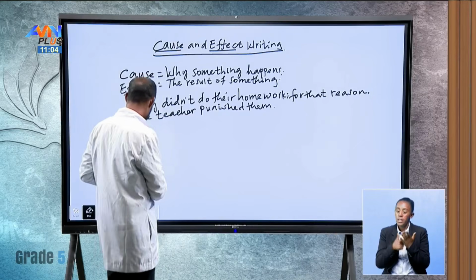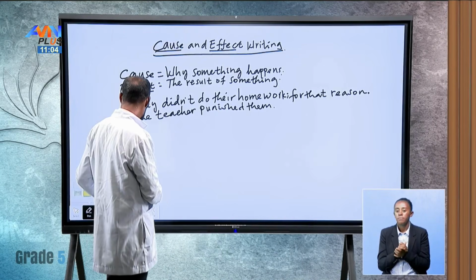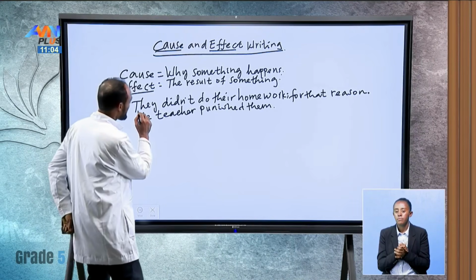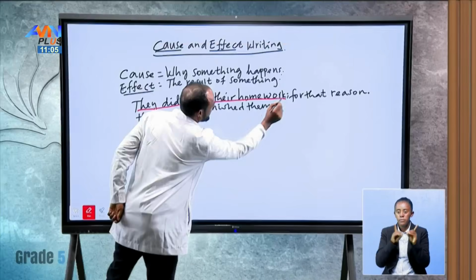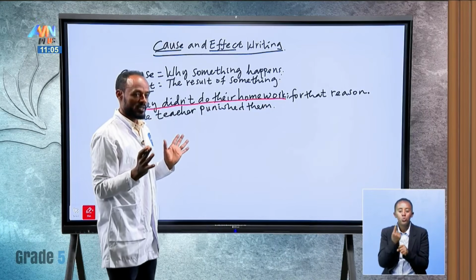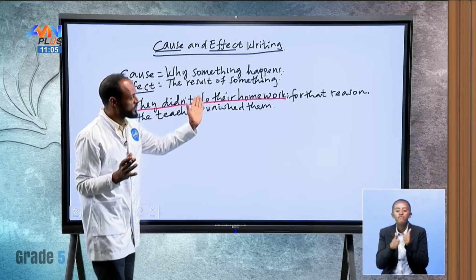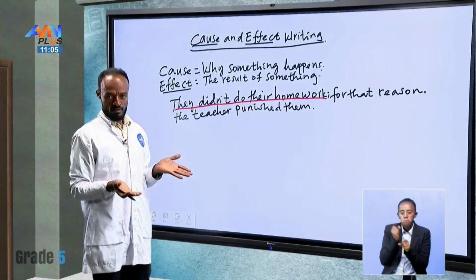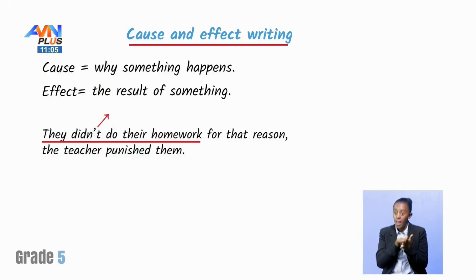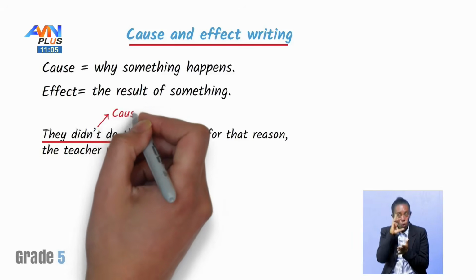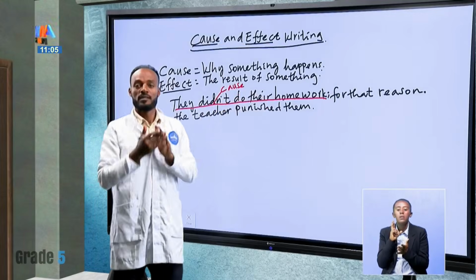In this sentence, look, they didn't do their homework. Is it cause or effect? Yes, they didn't do their homework. That is the cause. Bear it in mind. So what happened then?